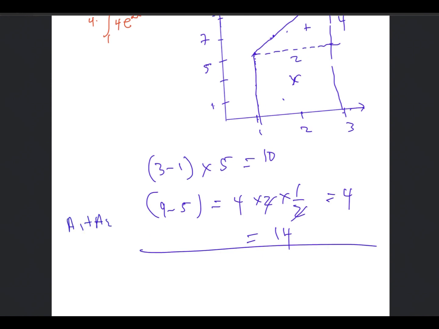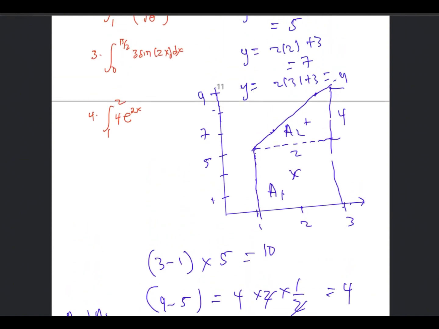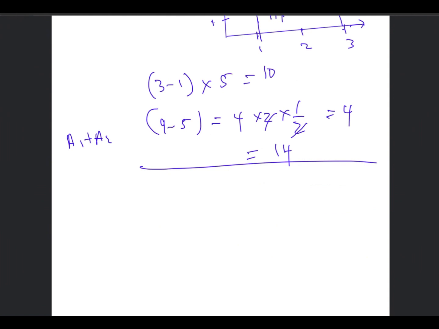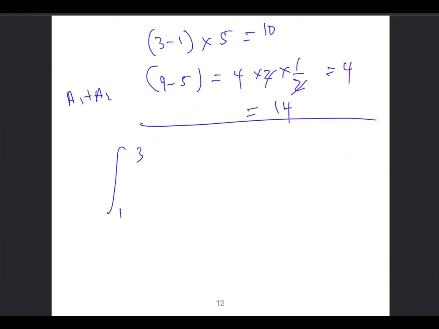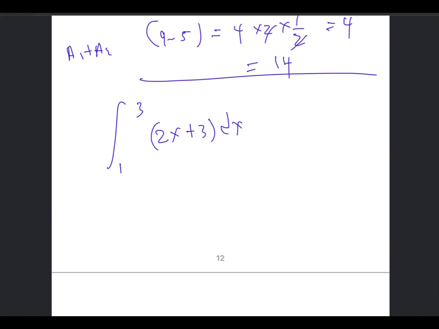That means A1 plus A2: if here is A1, here will be A2. Now let's use our definite integral to do something here. So the integral from 1 to 3 of 2x plus 3 dx. Therefore, the integral of this, we are going to get what?